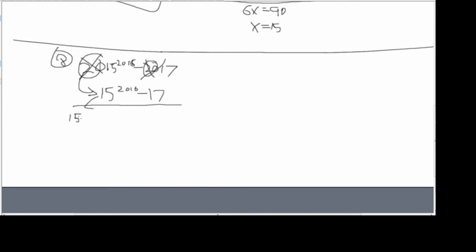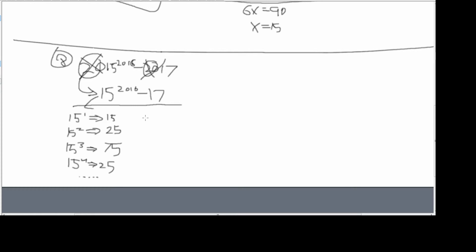15 to the power 1 will give you 15, going by the tens and units digits. 15 squared should give you 225, or let's just say 25. 15 cubed, you can just draw this out, should give you 75, and 15 to the power of 4 should give you 25, and this will just repeat, so we just added dot dot dot.